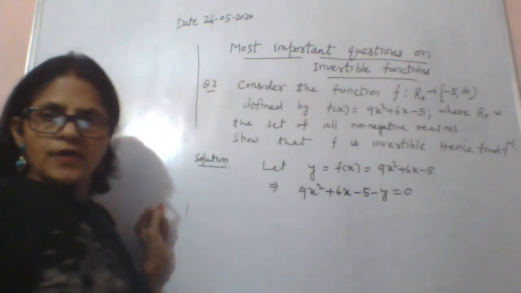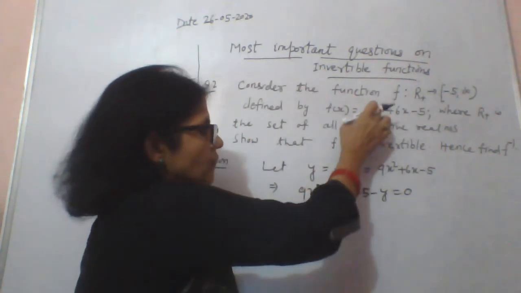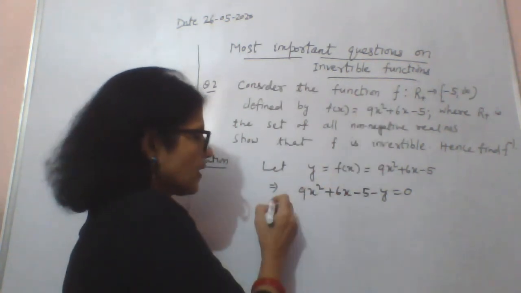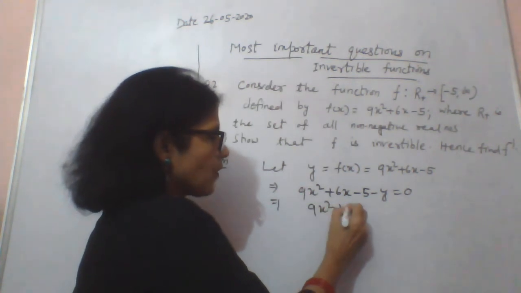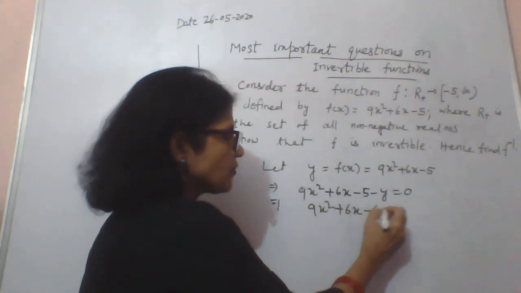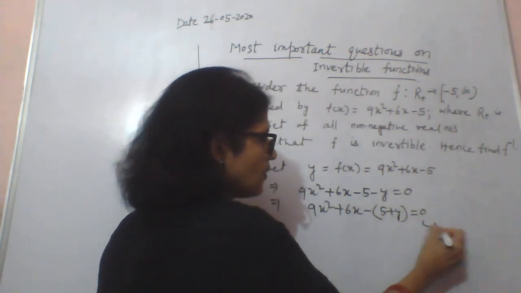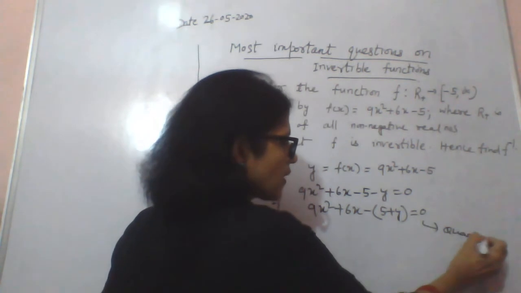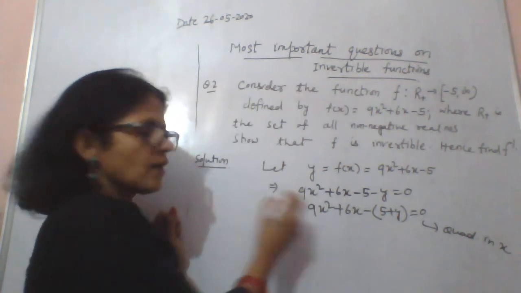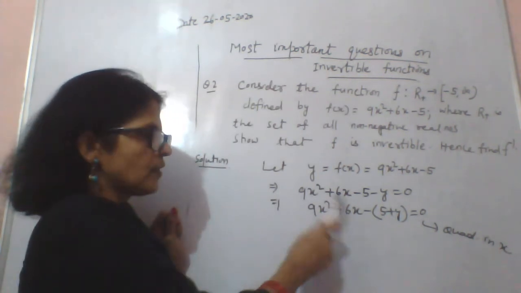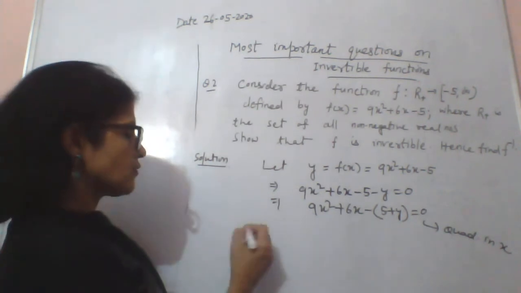Right? So in the quadratic equation case, whenever you are having a quadratic function, you may write like this. So you are getting 9x² + 6x − (5 + y) equal to 0. This is quadratic in x, and a equal to 9, b equal to 6, c equal to −(5 + y).